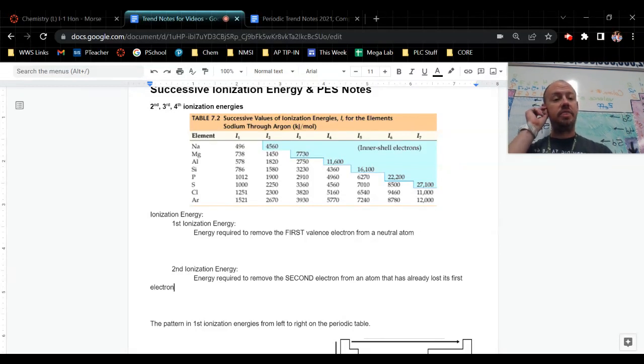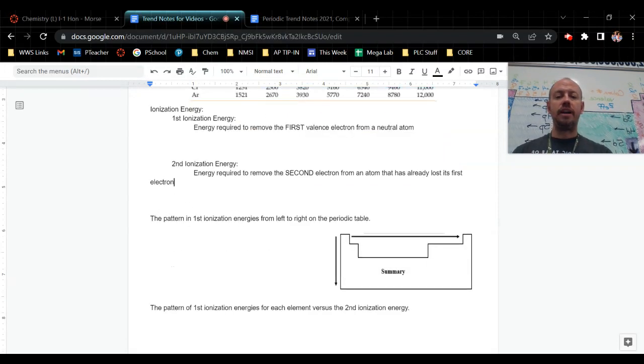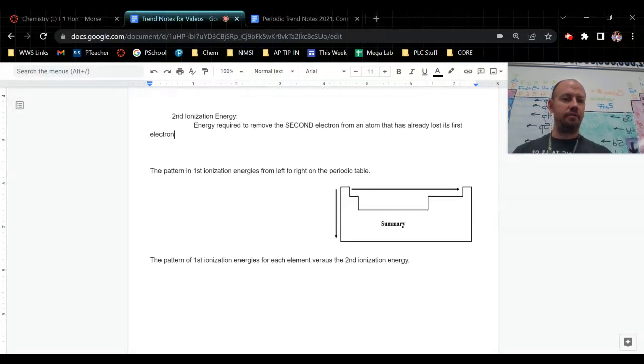And why would that be? After we've already lost our first electron, we now have the same number of protons pulling on fewer electrons. By being attracted to fewer electrons, each of those electrons feels more attraction, more Zeff, more inward pull, and is pulled a little bit closer.